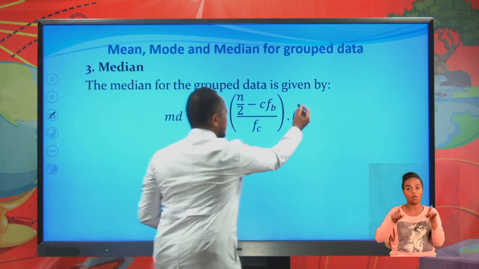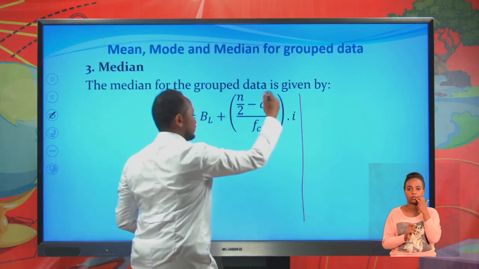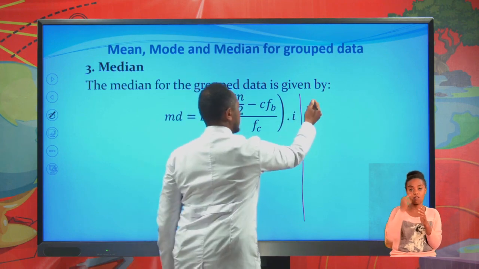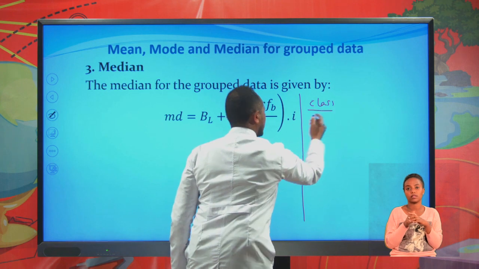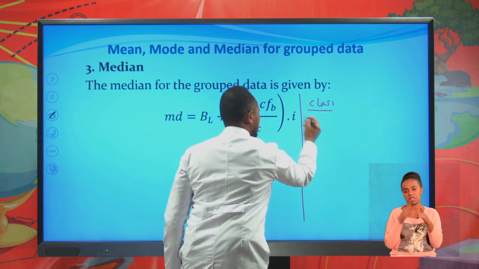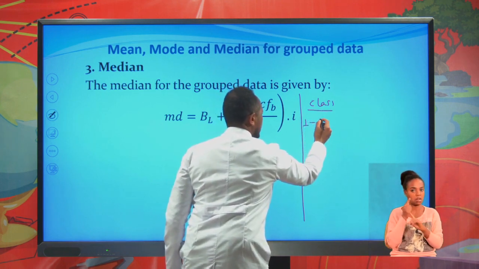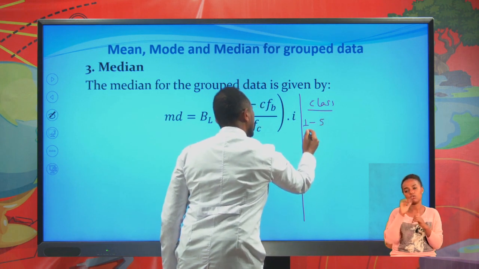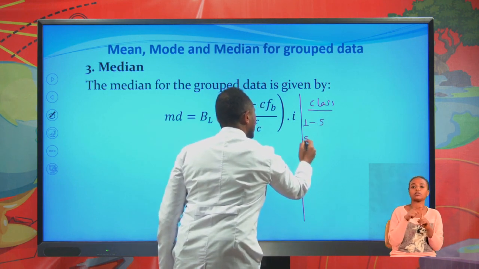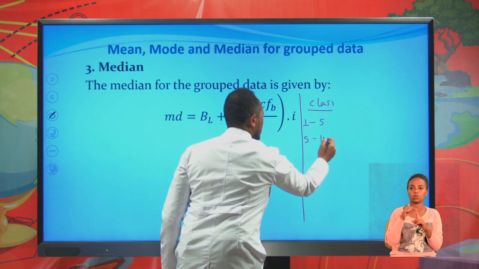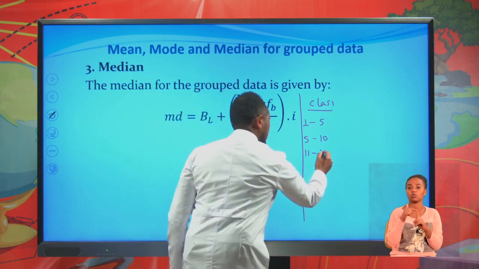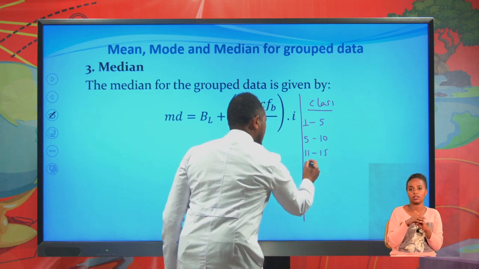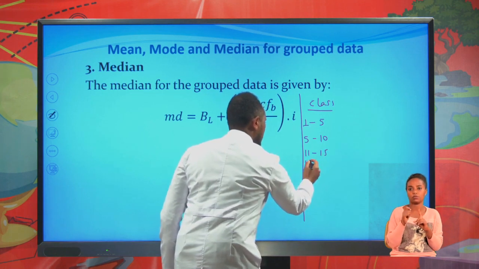This means, if we have this grouped data, let's take the previous example from 1 up to 5, from 6 up to 10, from 11 up to 15, and from 16 up to 20.